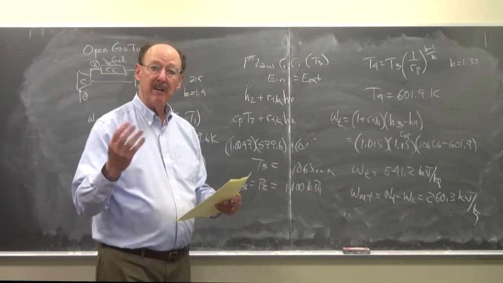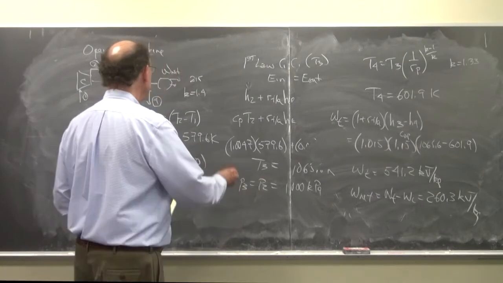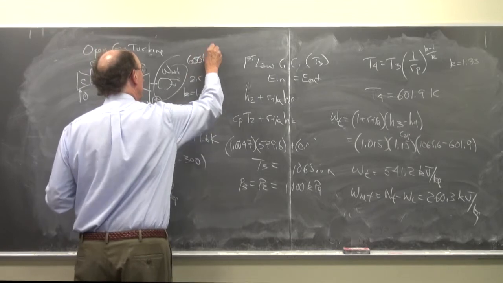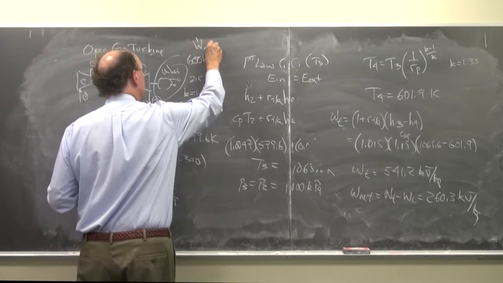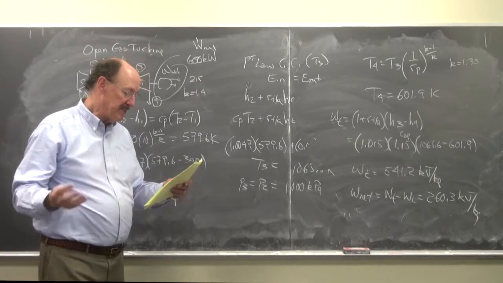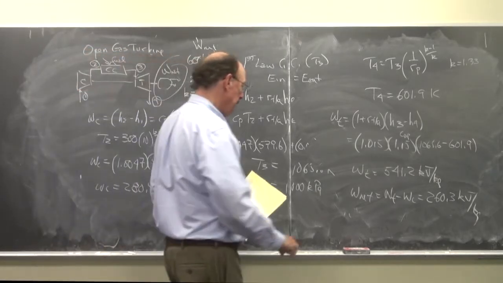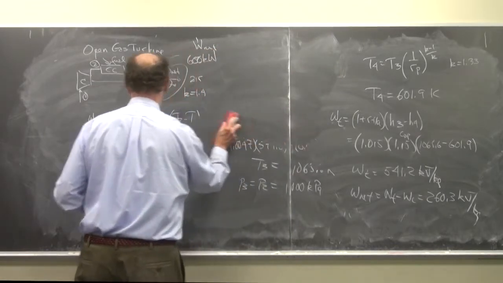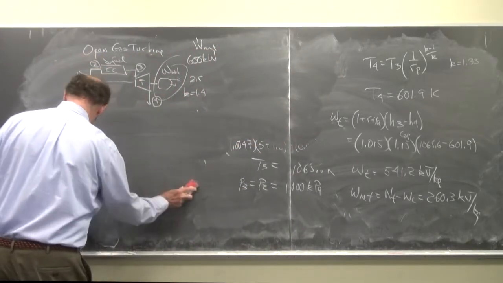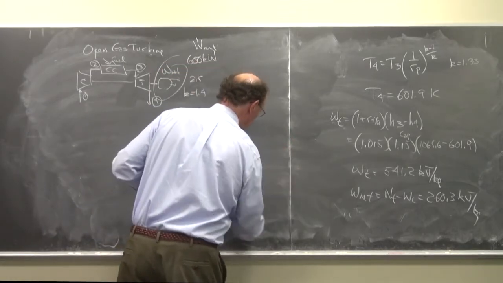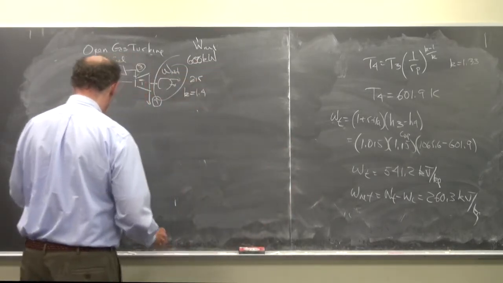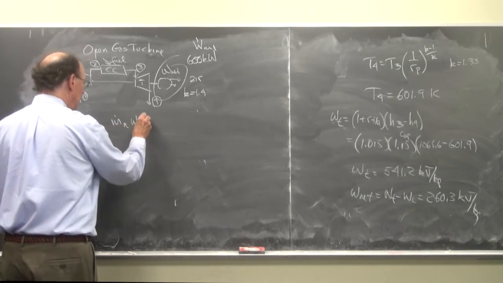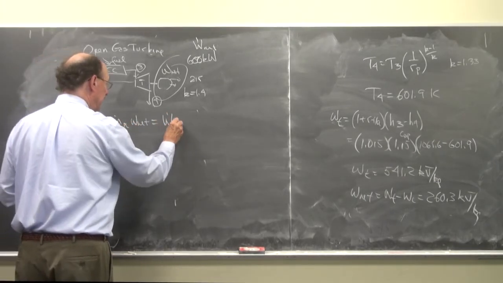And I can find the air flow rate because I know that this W dot net is 600 kW. So I know W dot net is this, so now I can find the mass flow rate. So M dot A times W net is W dot net.